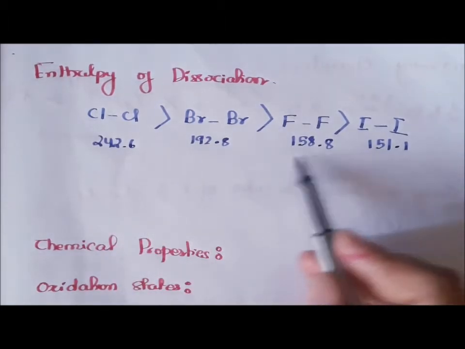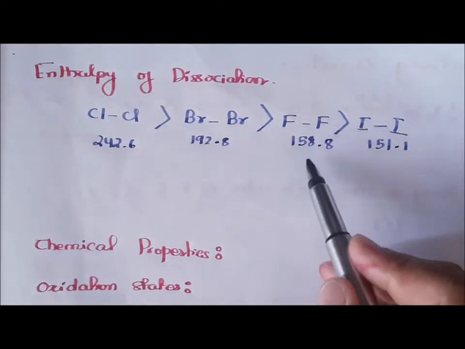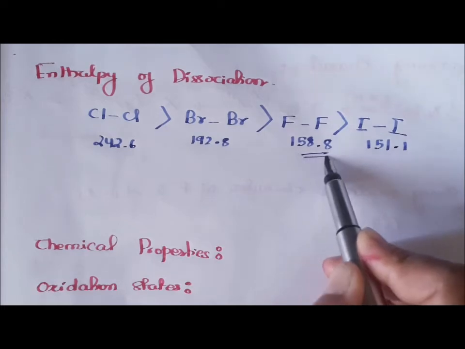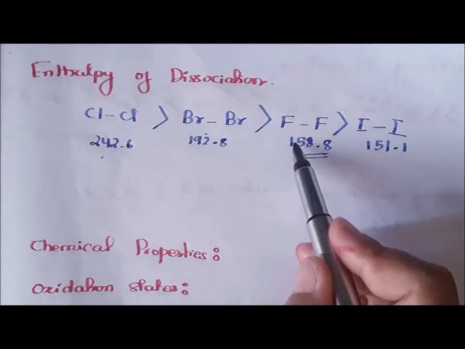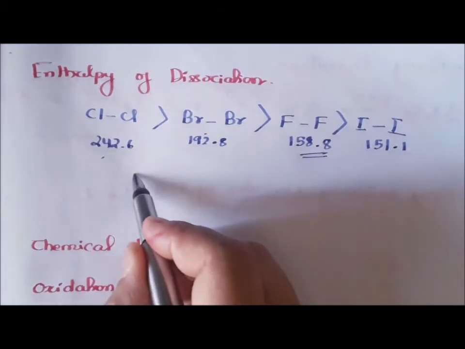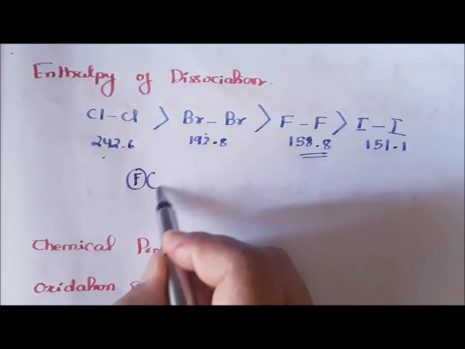Now, what is the reason that fluorine has low bond dissociation enthalpy compared to chlorine and bromine? As we have already discussed, fluorine has the smallest size, right?